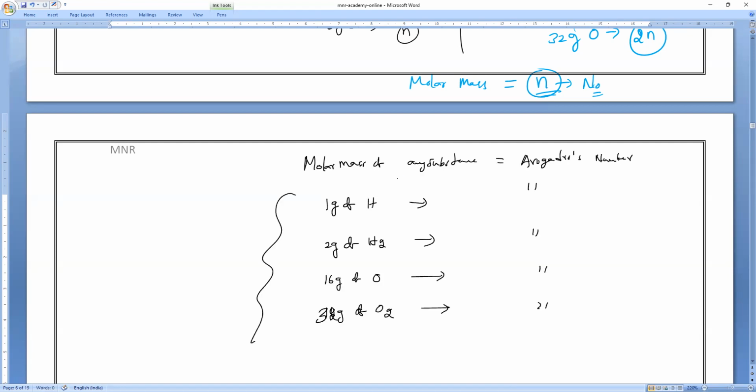Are you clear, everybody? Do you understand? Can you hear me? So molar mass of any substance is equal to what? Avogadro number.